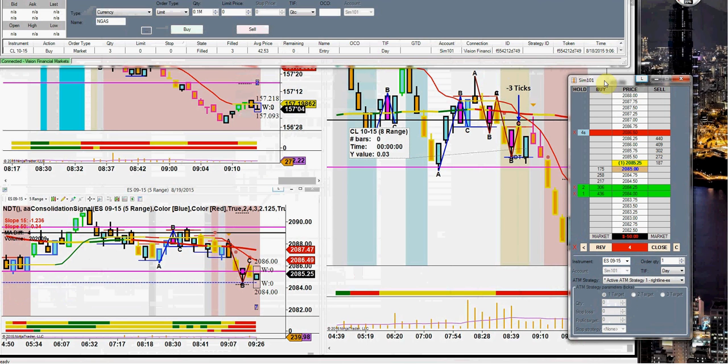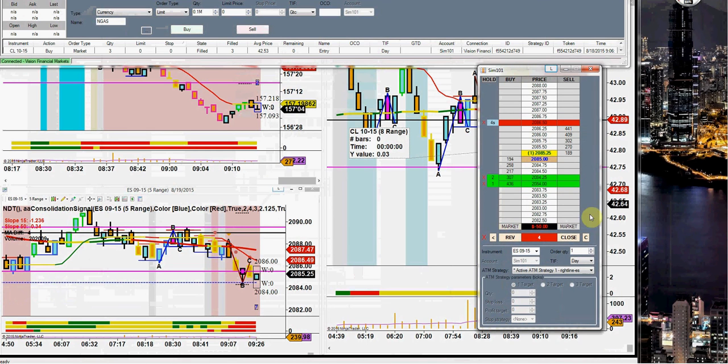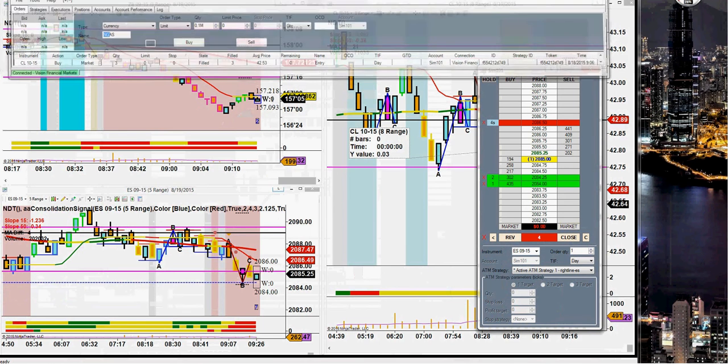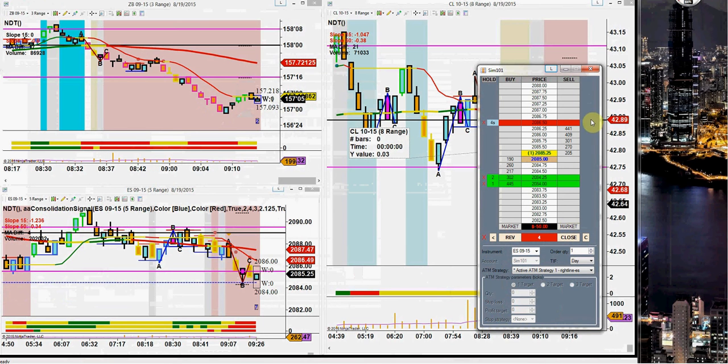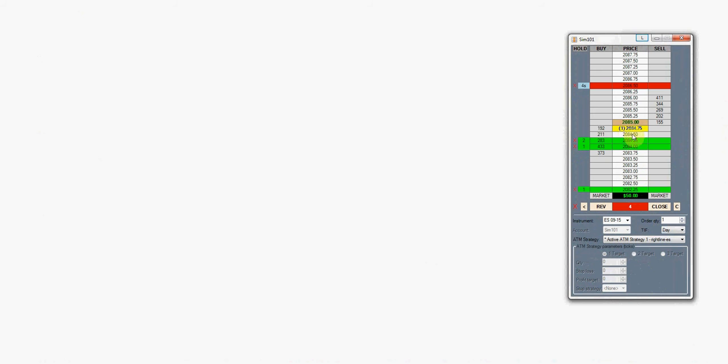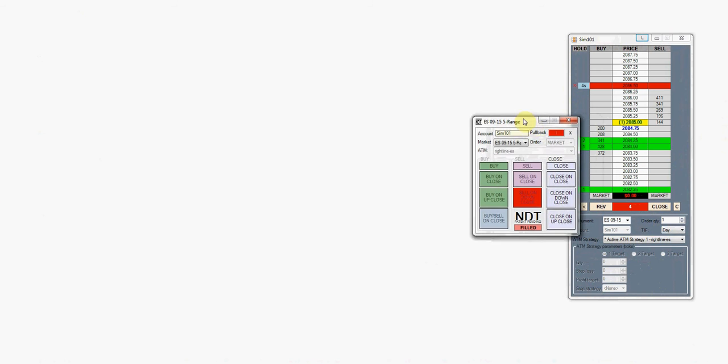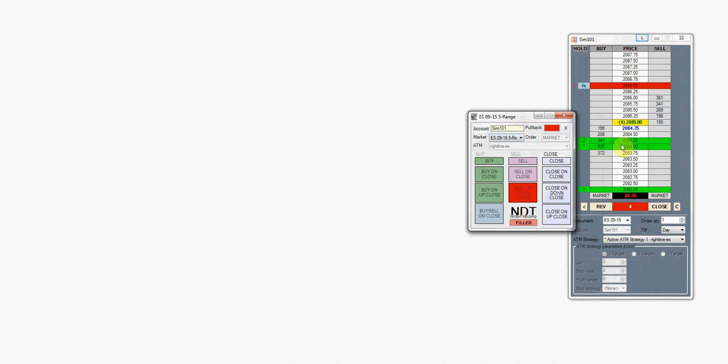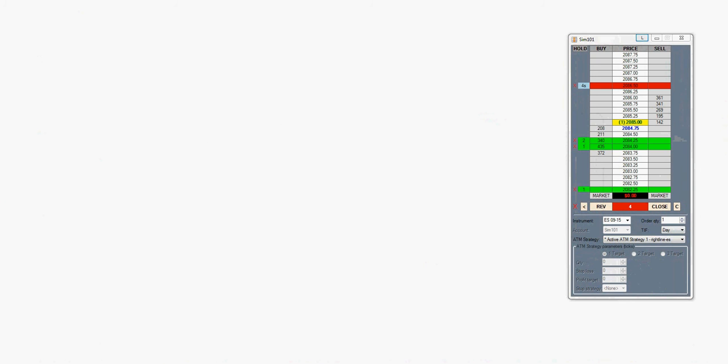Alright, so I'm going to need this in order to actually see what's going on. But the good thing here is that you guys can see our ATM strategy was automatically entered, and everything seems to be working as it should. We got entered on a down close, so everything worked properly.